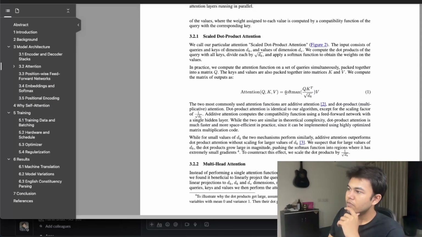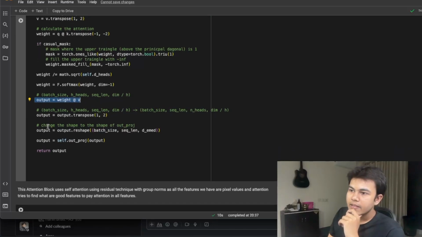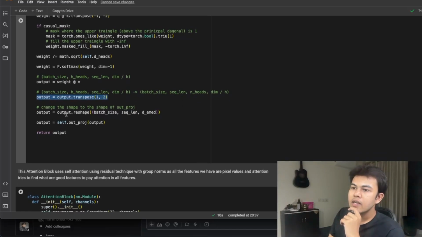So here we have the softmax, and then in the last we are multiplying it with v, and then transposing it back to the original interim shape, sequence length, number of heads, dimension divided by heads, and then changing back to what is required to have the output projection.